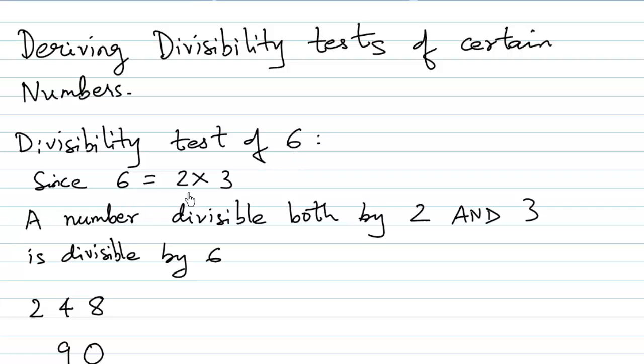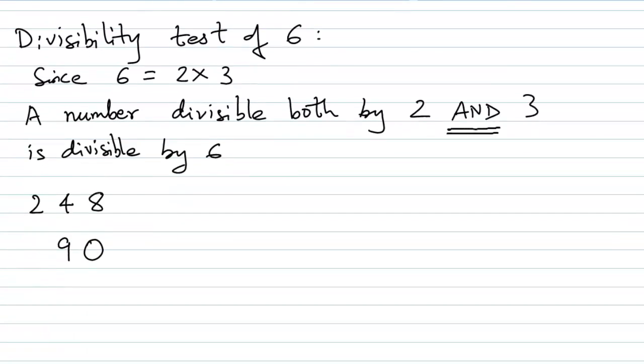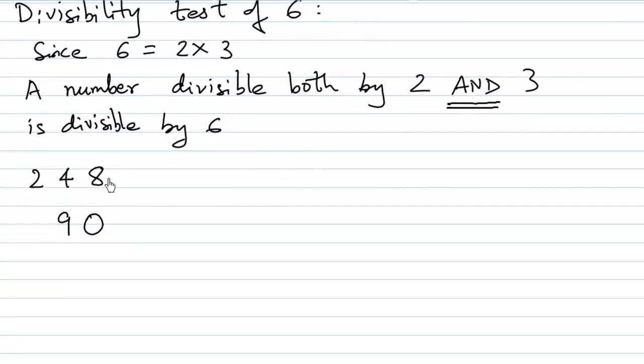Since we know 6 is 2 multiplied by 3, a number divisible both by 2 and by 3 is also divisible by 6. For instance, if you need to find if 248 is divisible by 6 or not, we need to see if it is divisible by 2 as well as 3. Since this is an even number, it is definitely divisible by 2.